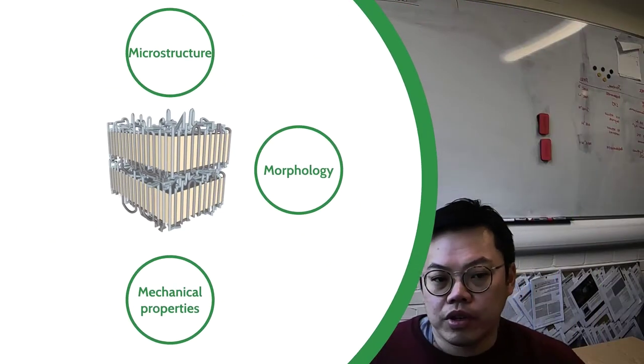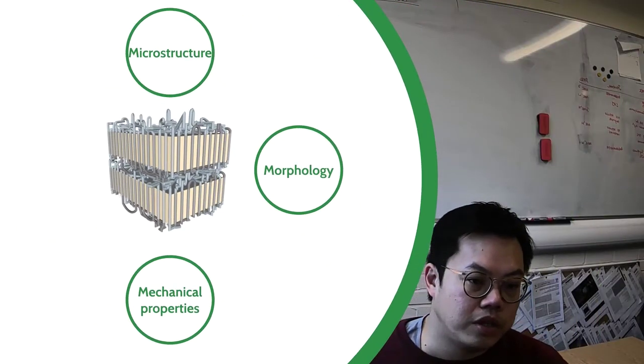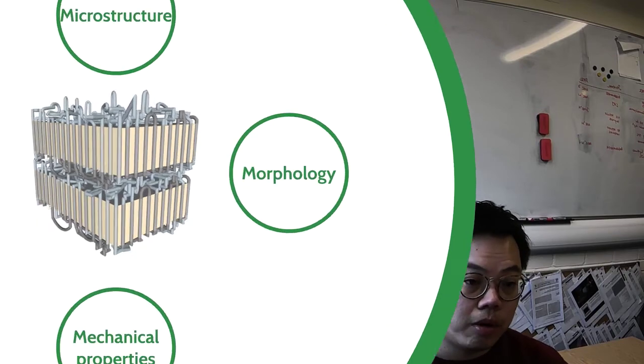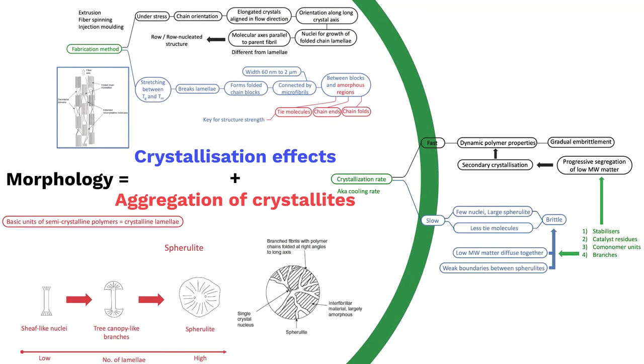Other than the microstructure, we are also interested in the morphology of semi-crystalline polymers. Now, the morphology of semi-crystalline polymers can be categorized into crystallization effects and aggregation of crystallites. Let us take a look at crystallization effects first.